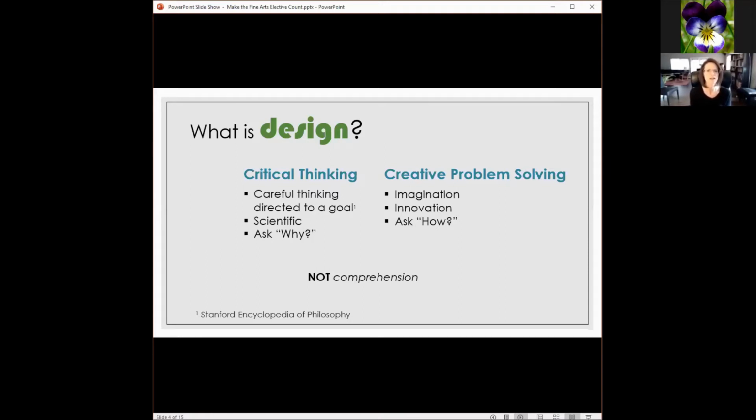Critical thinking is, according to the Stanford Encyclopedia of Philosophy, careful thinking directed toward a goal. And you can see how in composition, you have a goal. You want to create something, you have a particular goal in mind.